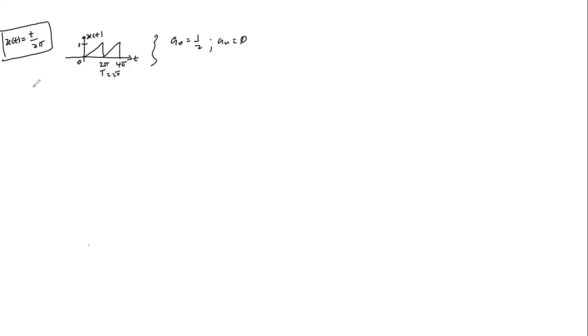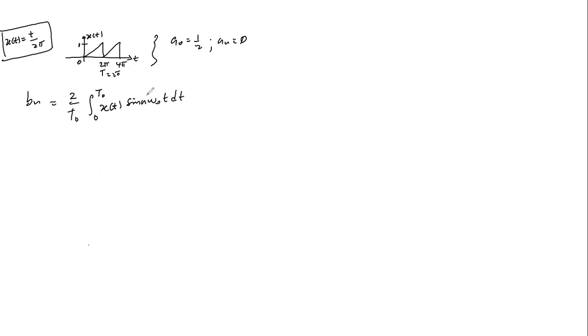Okay, so now to solve for bn, we have that bn is the same as 2 over t0 integral 0 to t0 of s of t sine n omega naught t dt.